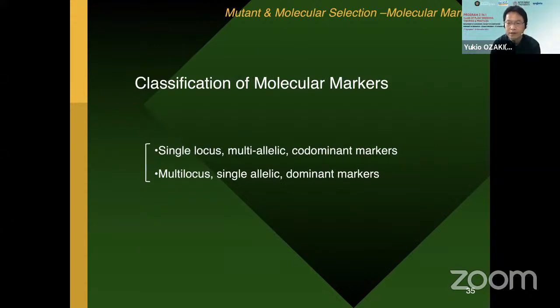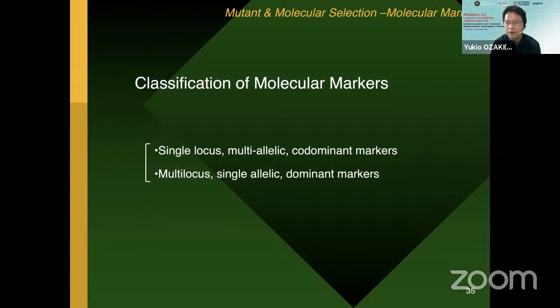Molecular markers are classified in various ways, including on genetic basis and operational basis. On the basis of genetic characteristics, molecular markers may be grouped into two general categories. The first is single locus multi-array codominant markers. Examples are RFLP and microsatellite SSR.